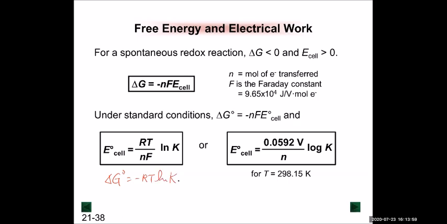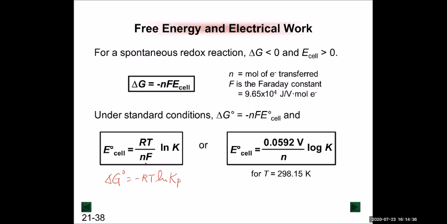Be careful, the K is actually a Kp. So combine this equation with the voltage and free energy equation. We have the cell potential proportional to the natural log of the equilibrium constant K. R is 8.314, temperature is in Kelvin, n is the number of moles of electrons, and F is the Faraday's constant. So this is the universal equation for any temperature.